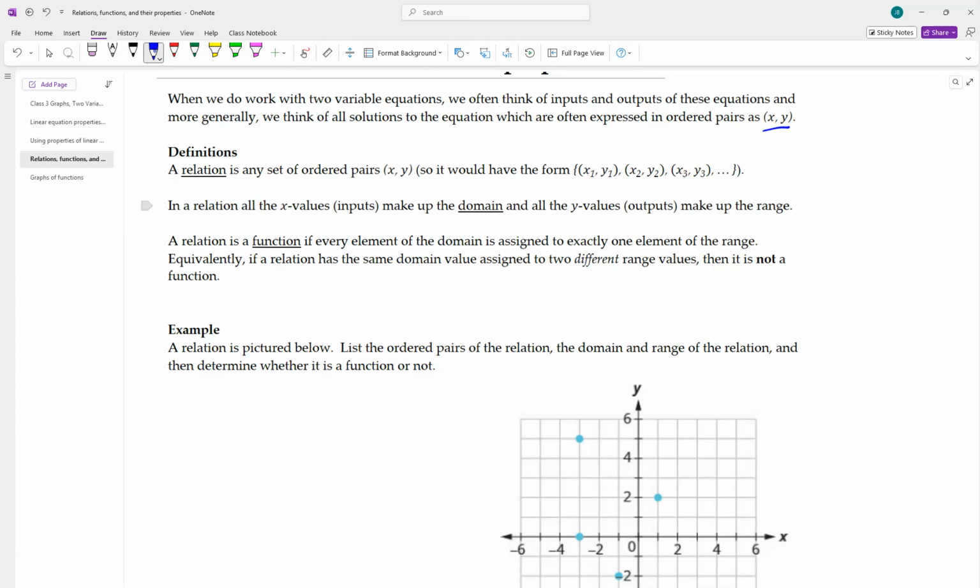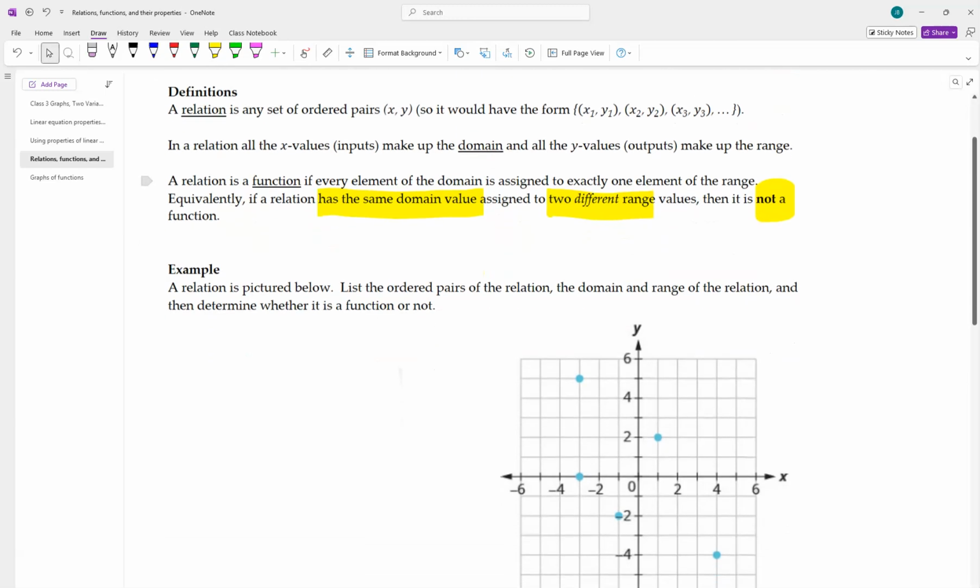Sometimes thinking about the opposite understanding helps us identify when it's not a function. So, and I want to highlight this, if a relation has the same domain value assigned to two different range values, then it is not a function. So if we have like (2, 2) and (2, 3), not a function.